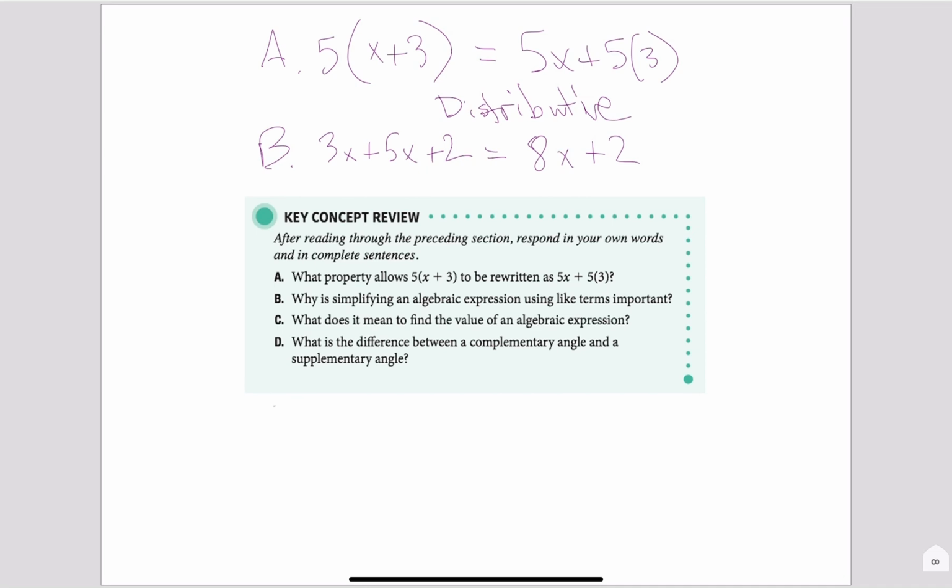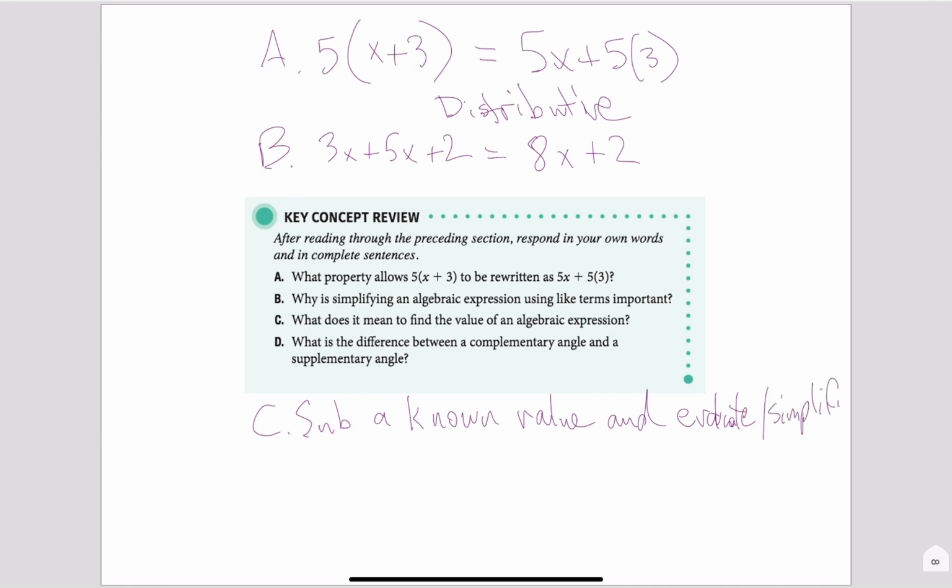Okay, C. What does it mean to find the value of an algebraic expression? It means to substitute a known value and then evaluate, which is usually the word we use, or you might see simplify.